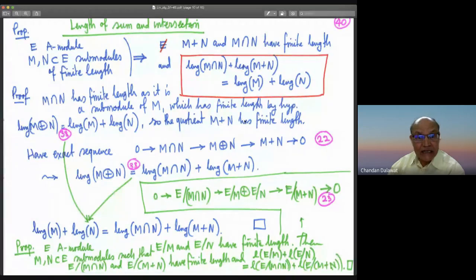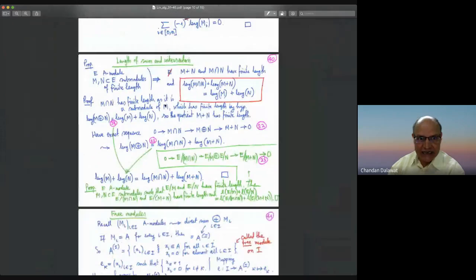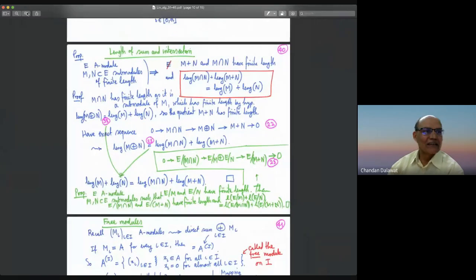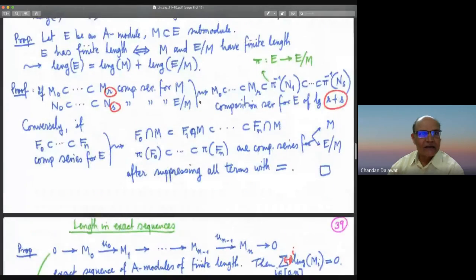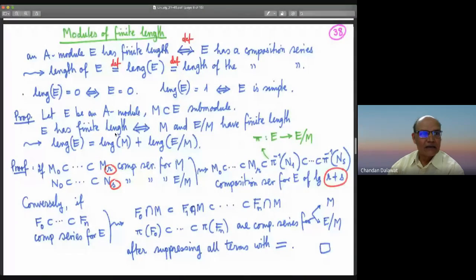And M plus N is a quotient of M direct sum N. We have seen that if a module has finite length, then every quotient also has finite length. So M plus N has finite length. How about M intersection N? It too has finite length because it's a submodule of M. Every submodule of a module of finite length has finite length. This we have already seen, right? We have seen it here.